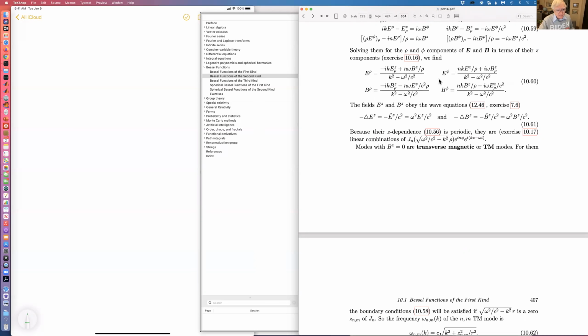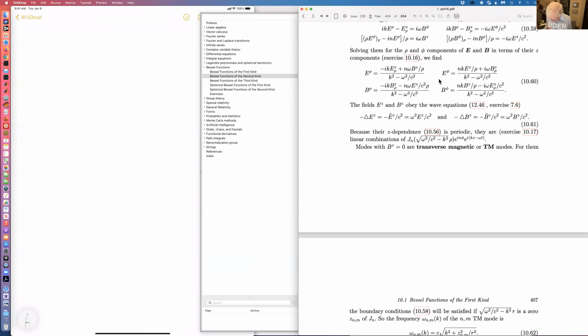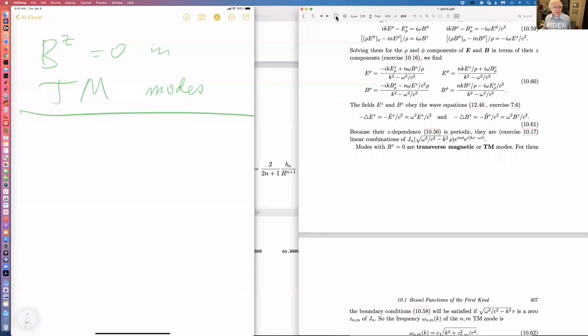So in other words, let me just make this clear here. Bz equals 0 in TM modes. Okay, so that's the hint, and so you don't really have very much else to do except differentiate.